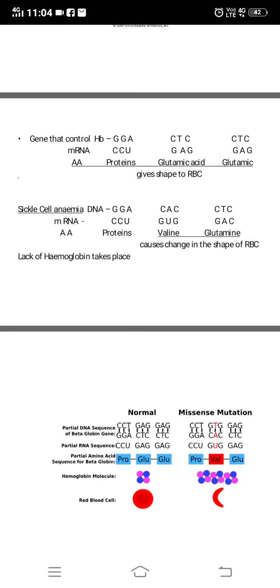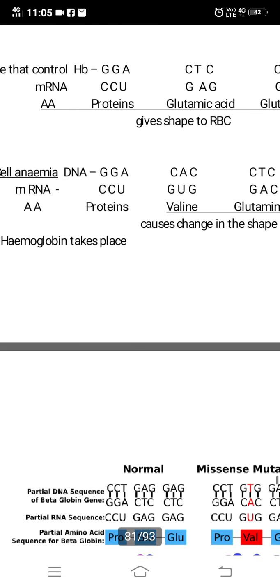So here it is forming GUG. What is the actual case? GAG should be formed, but in sickle cell anemia, GUG is formed. GAG codes for glutamic acid and GUG is coding for valine.